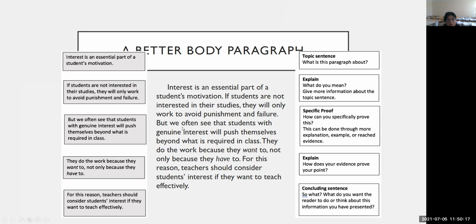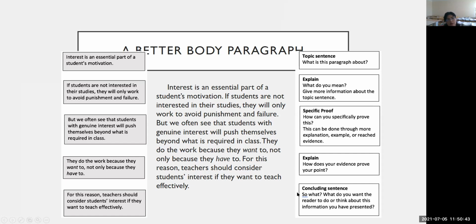"But we often see that students with genuine interest will push themselves beyond what is required in class." And we will explain this proof by the next sentence. "They do the work because they want to, not only because they have to."